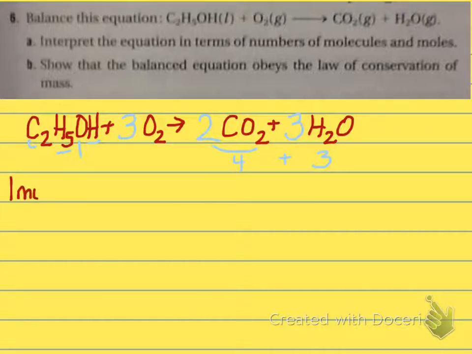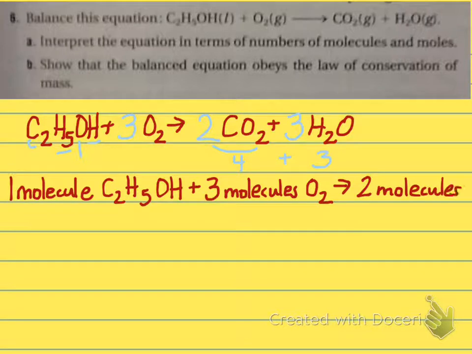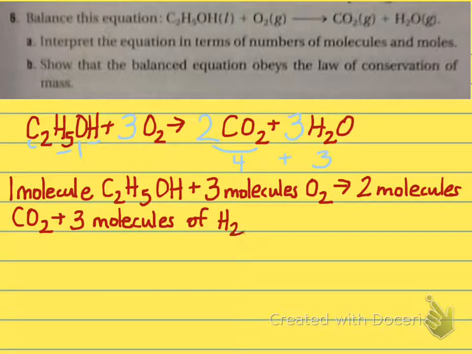So I have 1 molecule of this alcohol plus 3 molecules of oxygen to produce 2 molecules of carbon dioxide and 3 molecules of water. So there's my interpretation in terms of molecules.